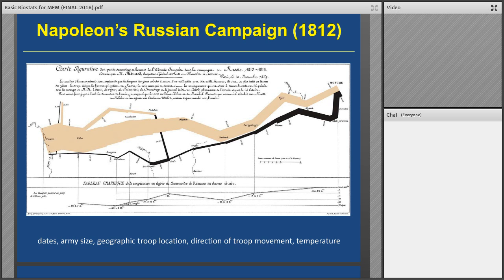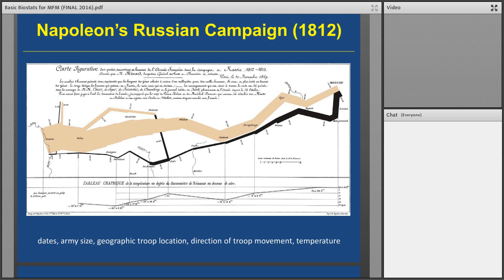And his classic book from the 80s is The Visual Display of Quantitative Information. He points out this Napoleon's Russian campaign. And this is a really strong graphic that demonstrates that you can put descriptive data into a form that is so descriptive that it gets the point across without even having to do any analysis to it.